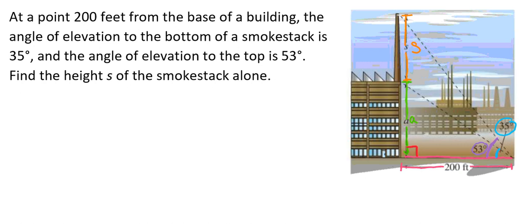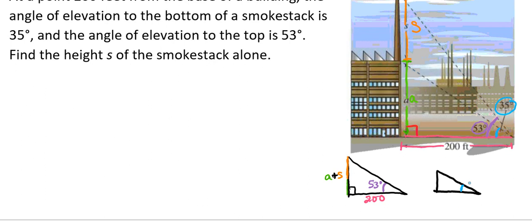So in this situation, sometimes it's helpful to draw the two triangles. We have our tall triangle, which has an angle of 53 degrees, a base of 200 feet, and a height of A plus S. We also have a smaller triangle, which has an angle of elevation of 35 degrees.